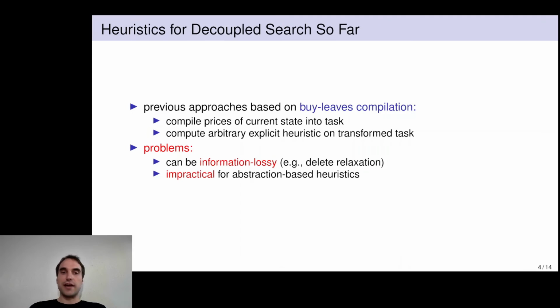This application has two problems in our setting. So first, the general problem is that this can be information lossy. For example, if we use the delete relaxation, we would ignore certain aspects of the newly introduced variables and actions. But also, and more importantly, since we plan to use abstraction-based heuristics, which are usually entirely pre-computed before search even starts, this is impractical here, because for every state evaluation, we would need to recompute the whole abstraction heuristic because we have a new compiled task.